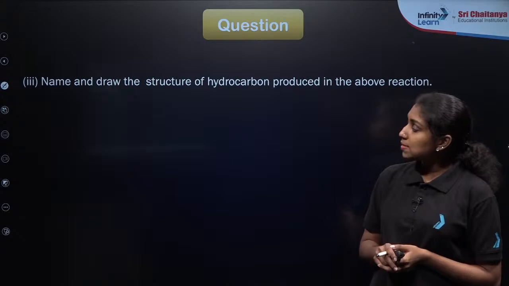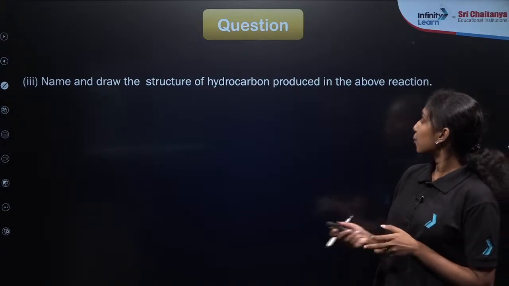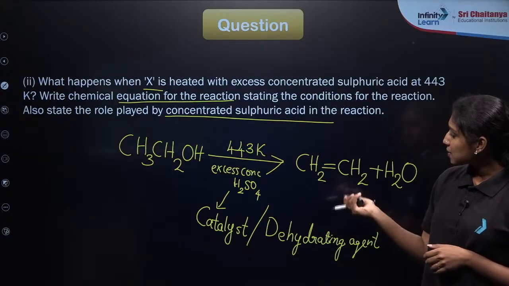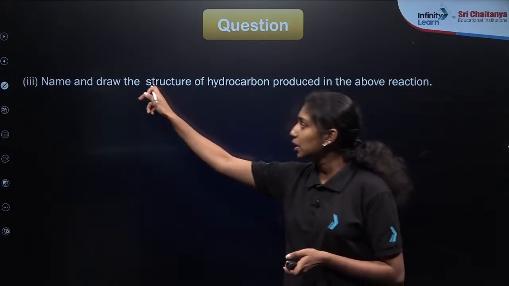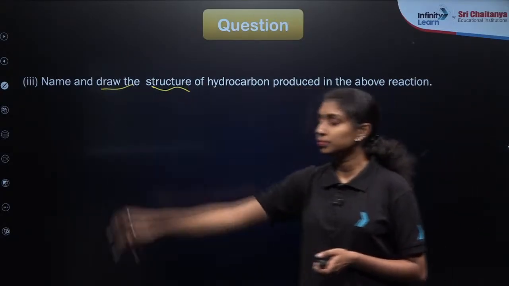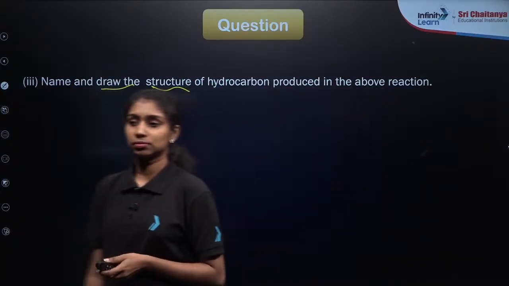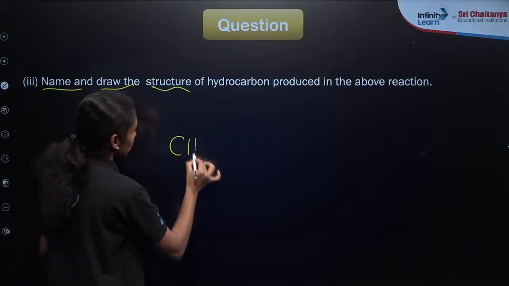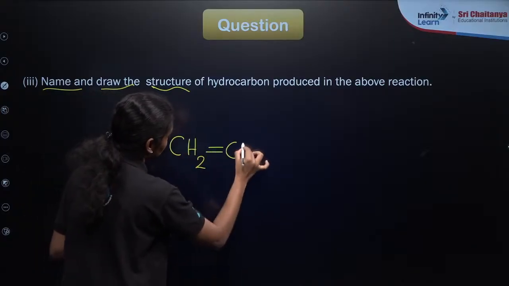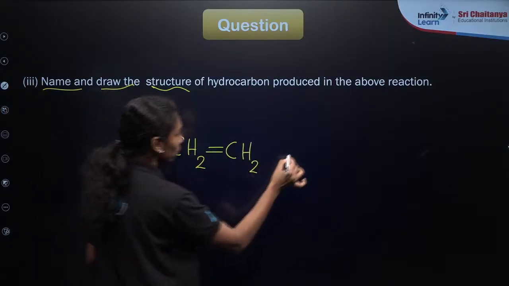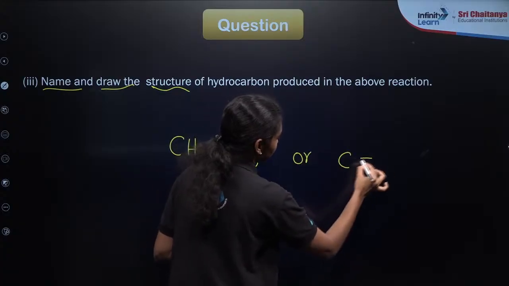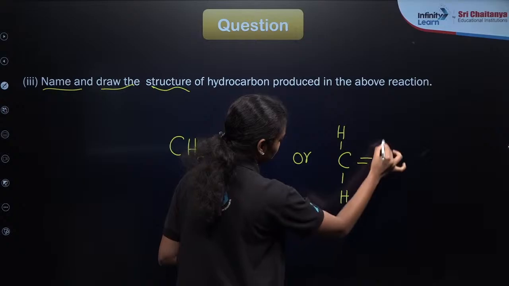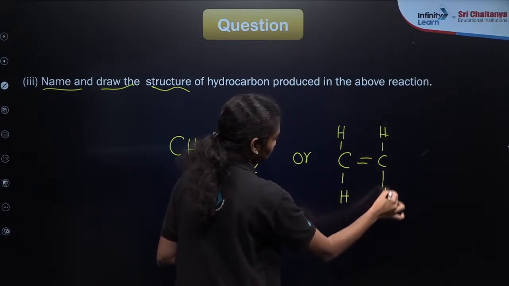Name and draw the structure of the hydrocarbon produced in the above reaction. I mean, in this particular reaction, what is the name as well as structure of this hydrocarbon? So structure will be CH2 double bond CH2, right? This is the condensed structure. So if you want to draw the expanded structure, it will be C double bond C, right.